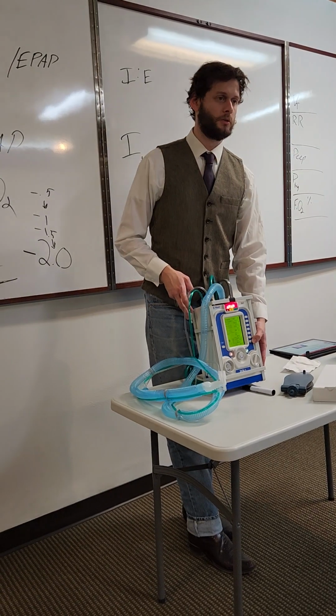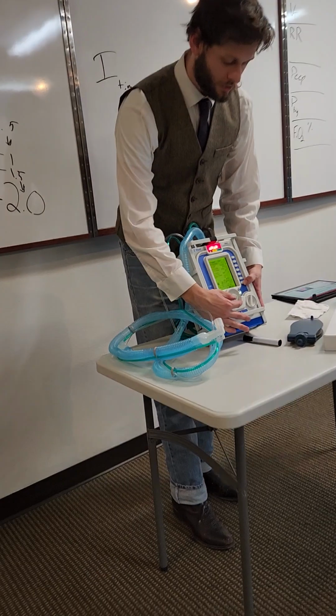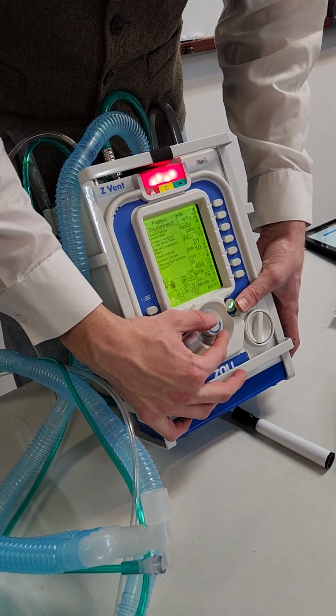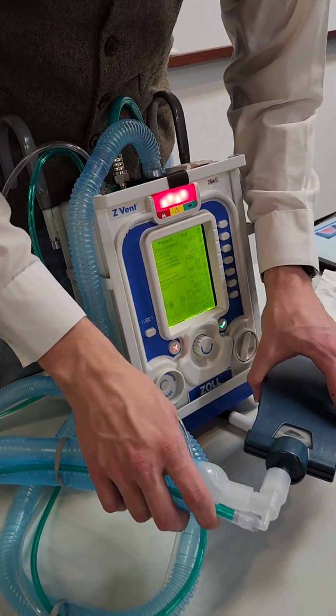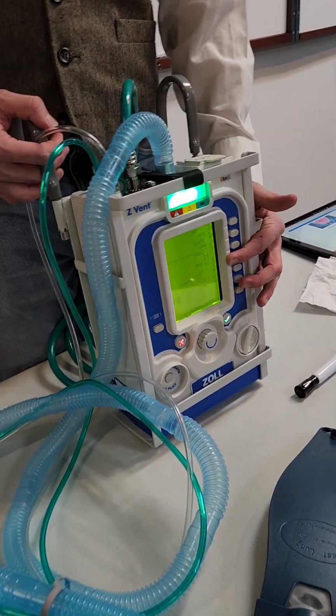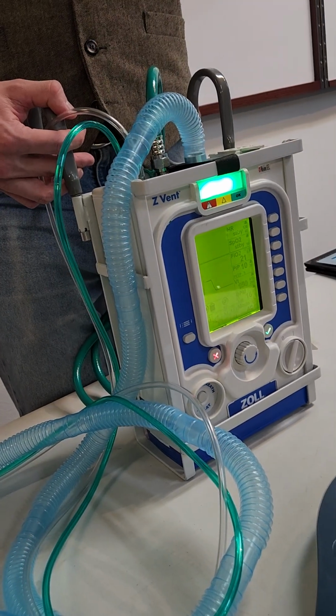To change your mode here, click AC and we can go from volume to pressure. And this is going to change it a little bit here because now the PIP is solid. The solid PIP, because that's what we're setting to now, right?